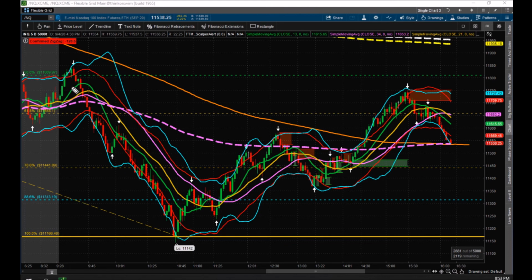But over here, perfect setup too. If I wanted a short, it's below VWAP, it's below the 13, and all three cross over. And look at this dump. If you would have shorted at the open, you would have got burned, because you see how it went up at open and then dumped back down.